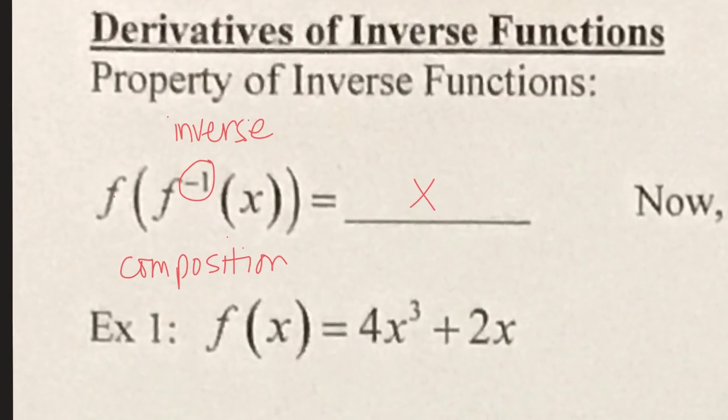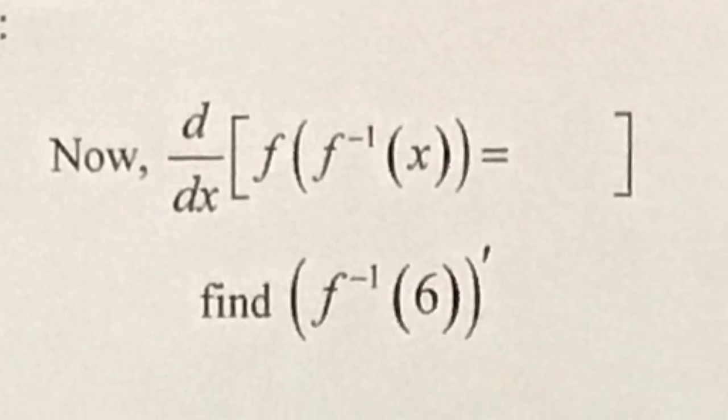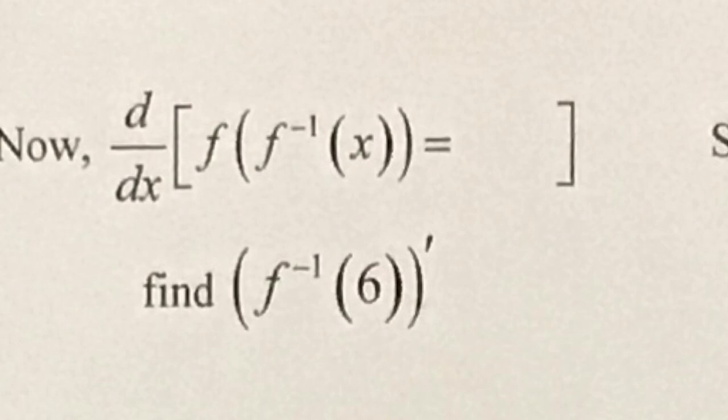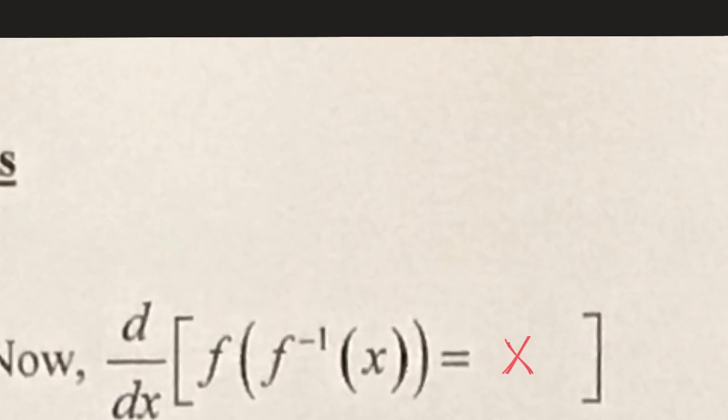So from here, what if we were to take the derivative of this equation? And that's what's happening right here. The derivative of the function with its inverse equals x. So this looks like a chain rule derivative.